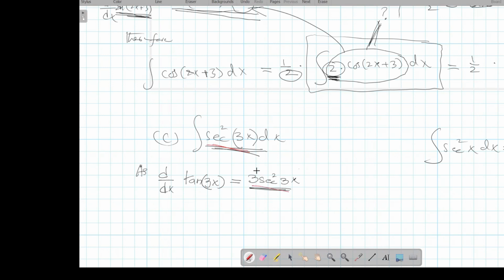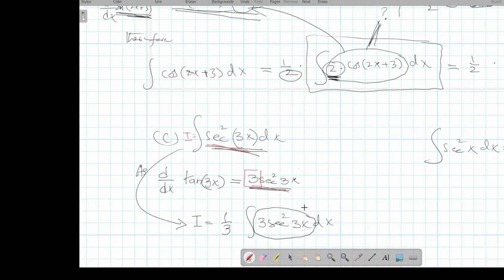The 3, yeah. 3 is missing. So in order to integrate this function, which I am naming as I, I need a 3 here, right? So I would divide by 3 outside and give a 3 inside, right?